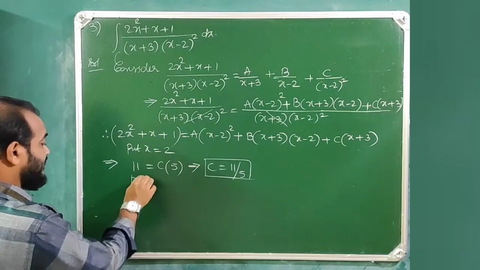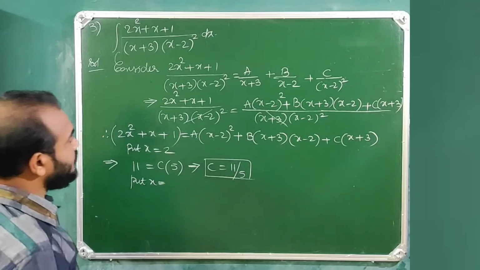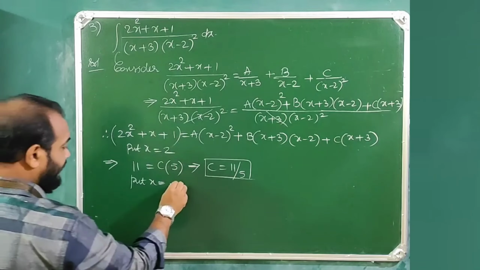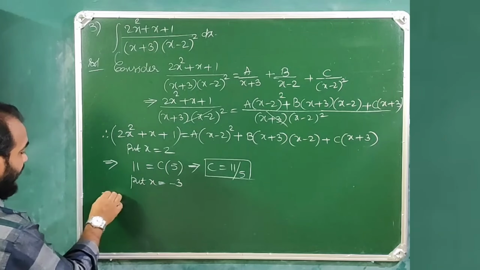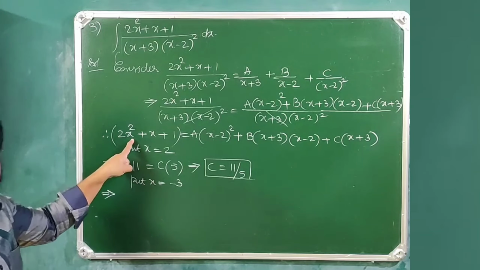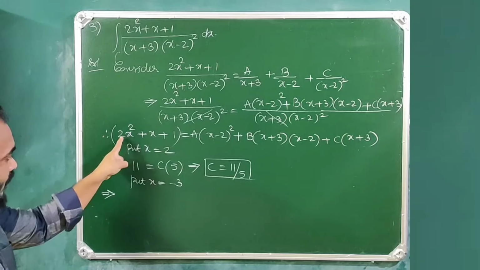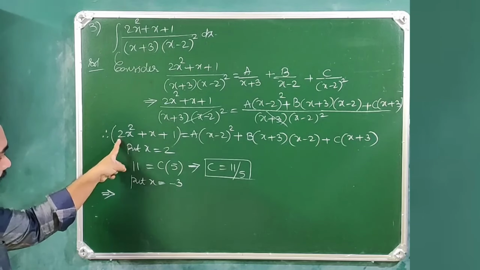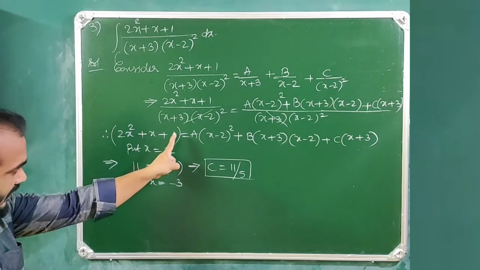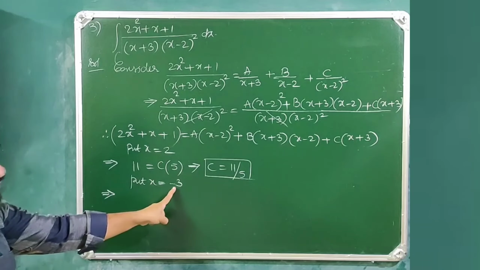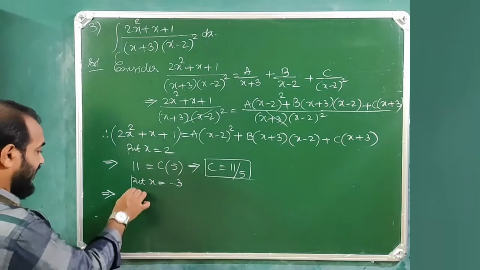Now put x equals minus 3. Minus 3 whole square is 9, 9 twos are 18, 18 plus 1 is 19, 19 plus x value minus 3 is 16.